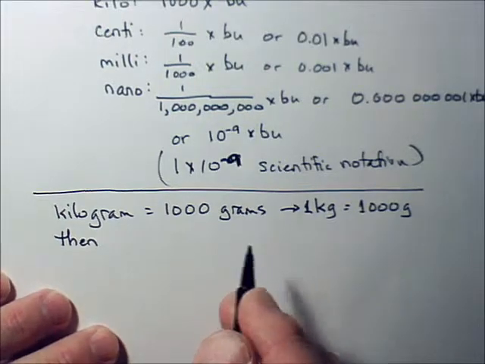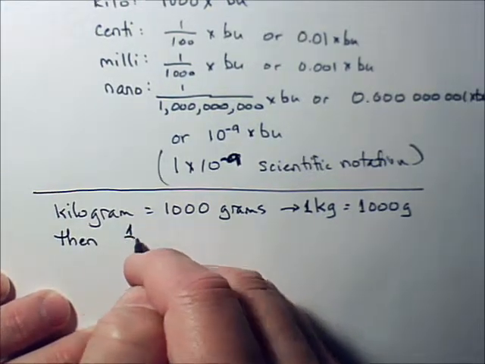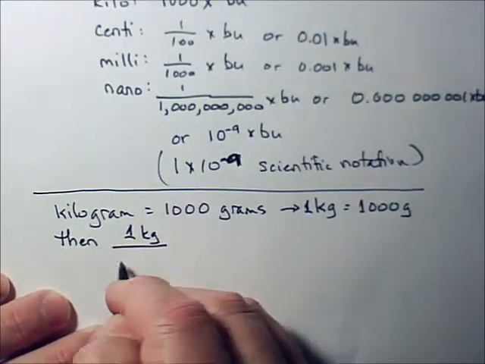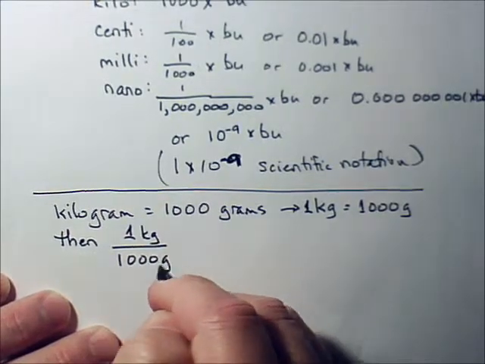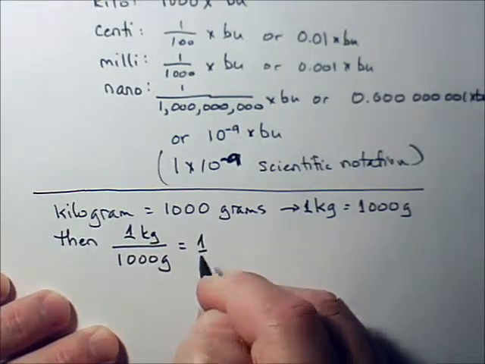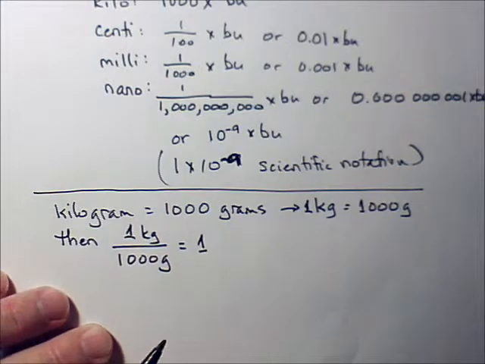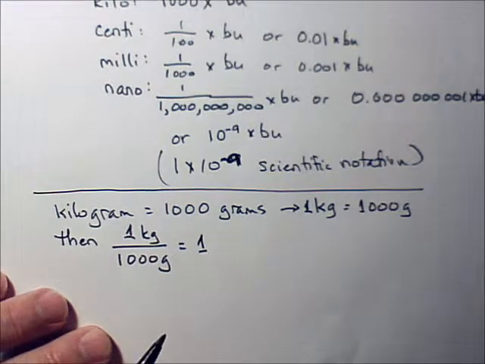Then 1 kilogram over 1,000 grams equals 1. Does that make sense?